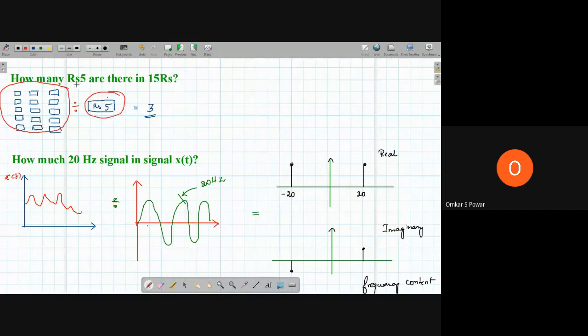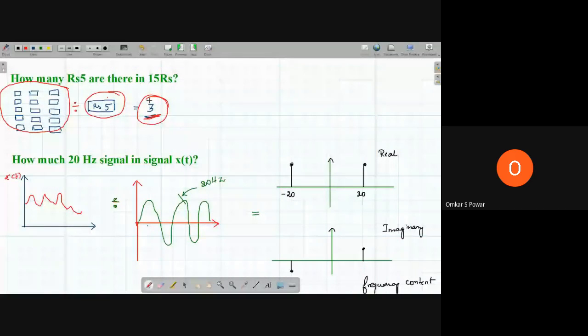How do you obtain it? There are 15 rupees, and you divide by 5 rupees, and you get the answer 3. The same thought process, why can't you apply it to a signal? So our question will be, how much of a 20 hertz signal is there in a particular signal x of t?